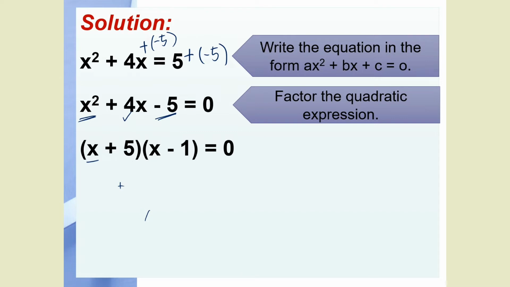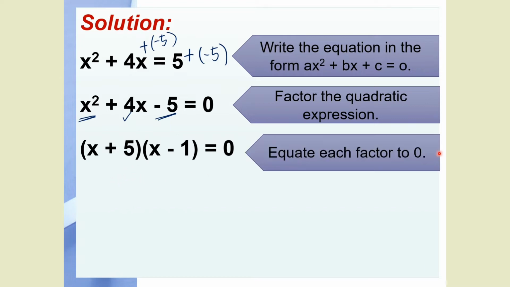Okay, next, after getting the correct factors, we're going to apply the zero product property, wherein we're going to separate these two factors and equate each factor to 0. So, x plus 5 equals 0, and the other factor is x minus 1 equals 0.